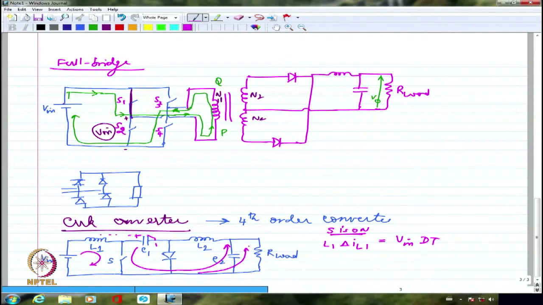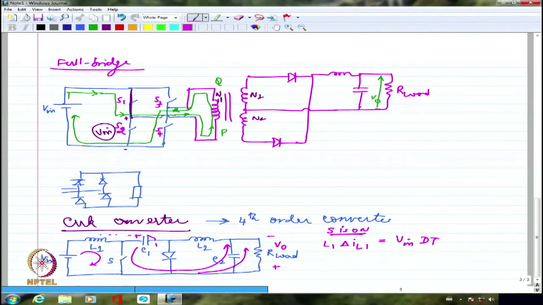So the voltage across this, if I may call this as V0, please note that it will have plus here and minus here. It will be in the reverse polarity, clearly. So this converter is somewhat similar to buck boost converter, where we had a reverse polarity at the output. So something similar to that is happening in this case.